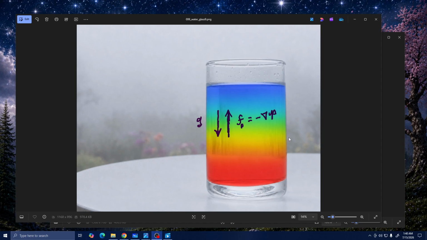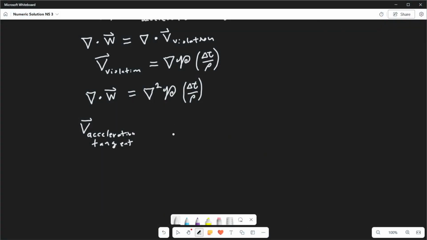That would be a tangent velocity. So the tangent has to equal 0. And also, of course, the U vector tangent at any time has to equal 0.